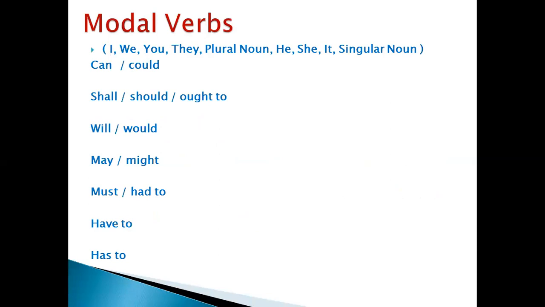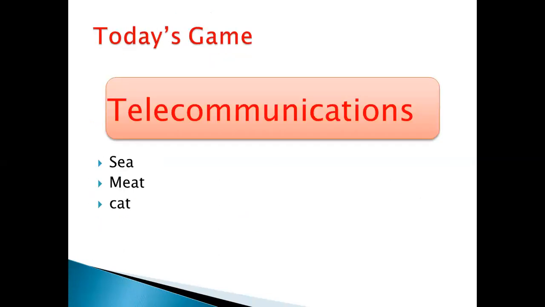Before we start our lesson, I have something for you. This is going to be your role to do at home. This is a game, and it is going to be done by you. As you see, we have a word: telecommunications. If you count the letters of this word, there are about 18, or maybe I got something wrong with the number.